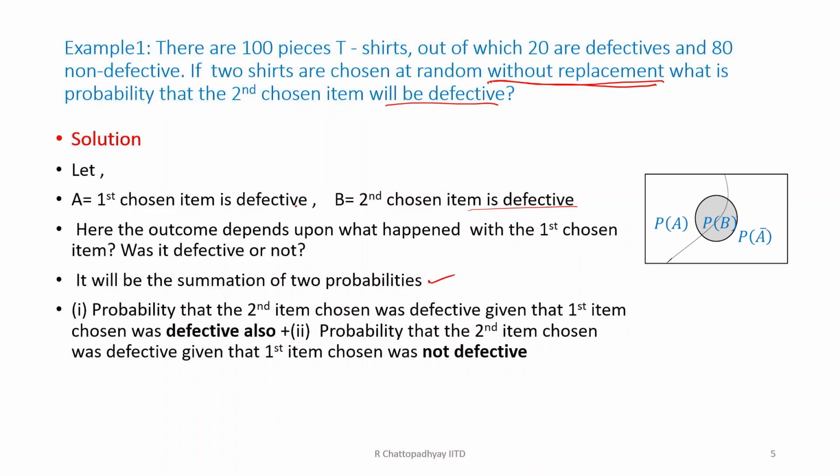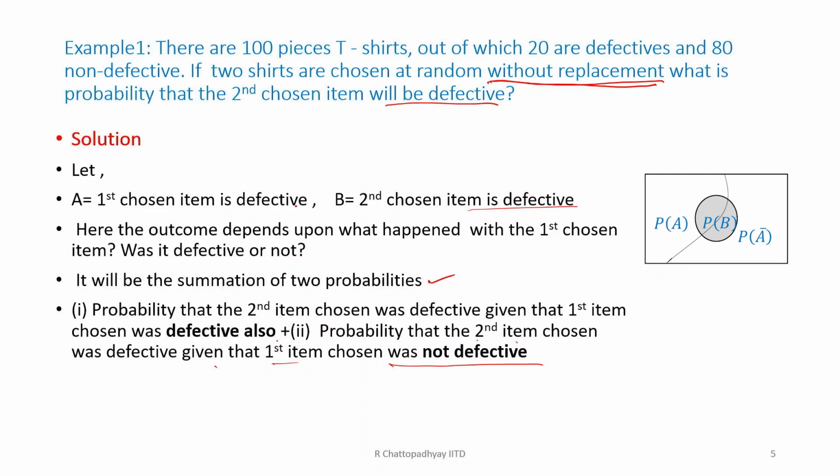One, probability that the second item chosen was defective, given that first item chosen was defective, plus probability of the second item chosen was defective, given that first item chosen was not defective. Because when I am choosing the first item, then there are two possibilities. It could be defective or non-defective.